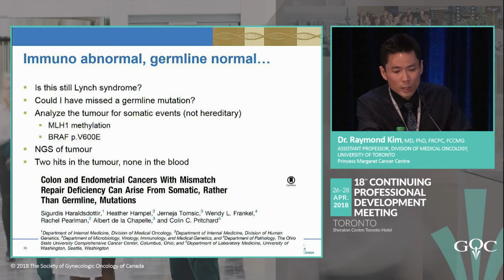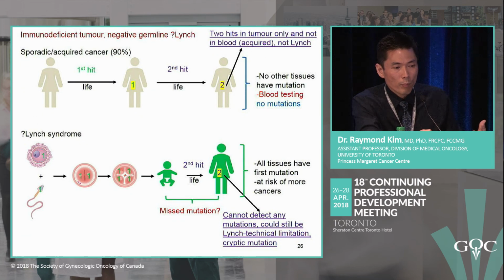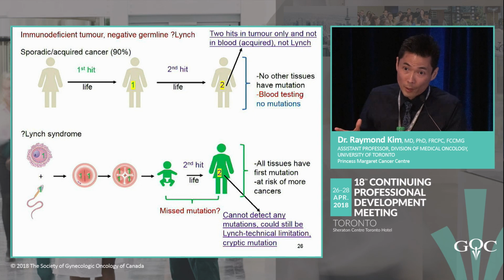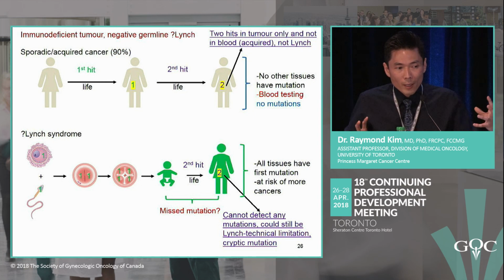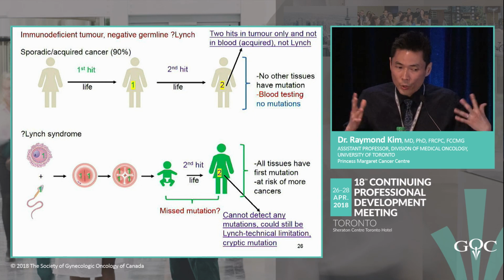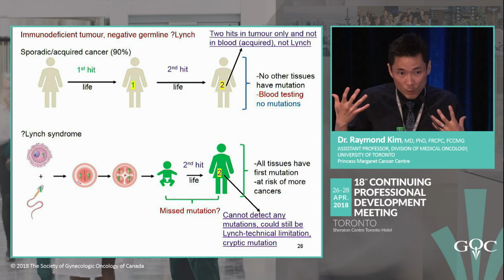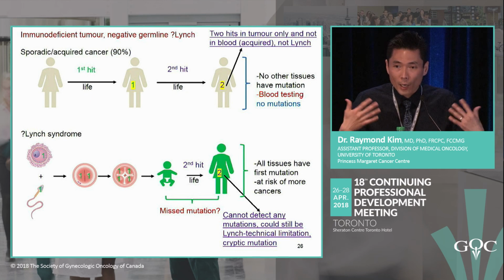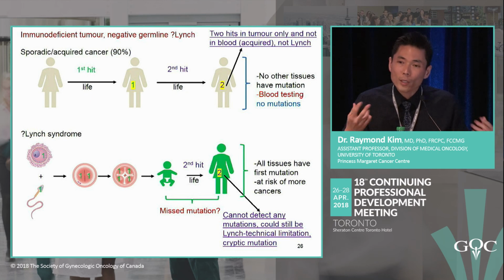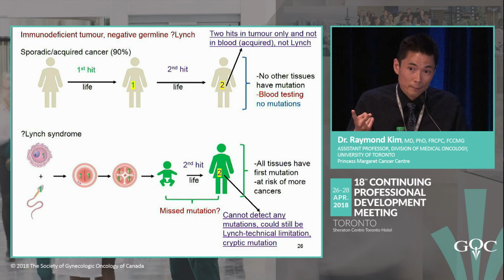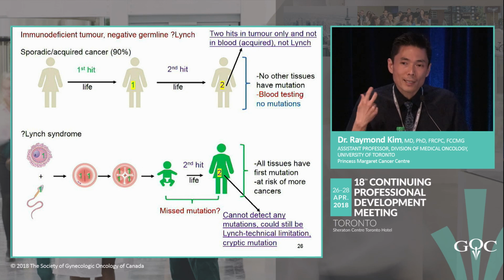So what we actually do now is, this is the principle of looking in the tumor. All tumors will have loss of their tumor suppressor genes. So if you look inside the tumor of a person who has cancer, you're going to expect to find 2 hits in the tumor.